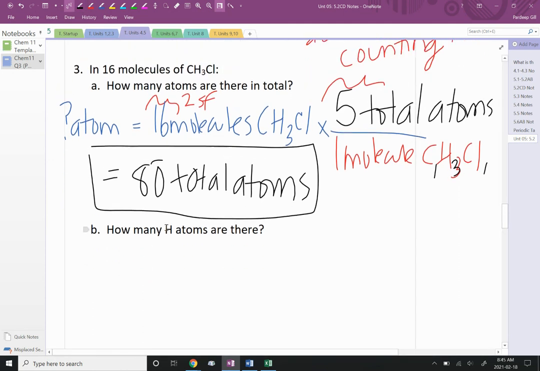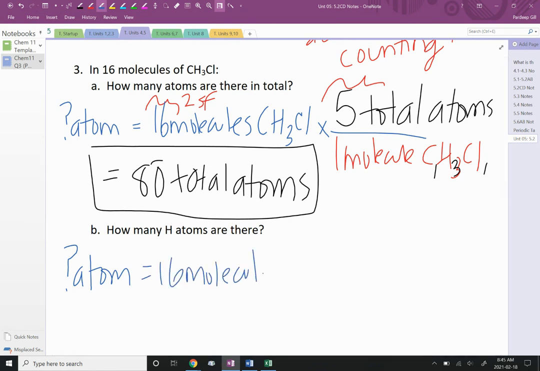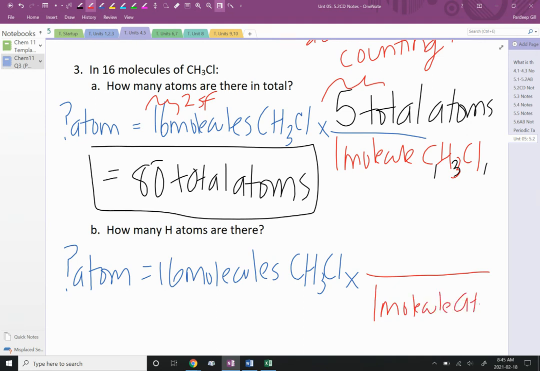The next part of this question was how many hydrogen atoms are there in 16 molecules? So now instead of looking for total atoms, we're looking for just hydrogen. So how the conversion factor is going to change here is you're simply going to focus on just hydrogen. So it would look like this. You'd say in 1 molecule of CH3Cl, you have a total of 3 hydrogen atoms.